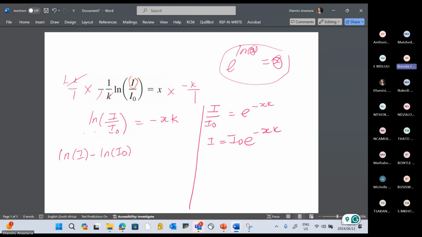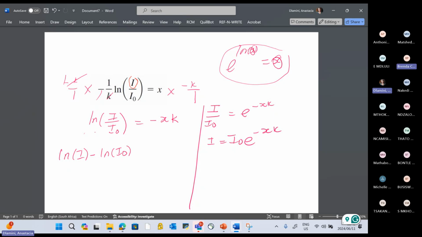Or we ended up saying let's divide with the reciprocal of ln. So ln is the same as e. If you divide with 1 over e, then it becomes the reciprocal. On the other side, you still have 1 over e to the power kx, and then you are left with I over I0. Then you multiply both sides by I0. It still comes back to the same answer you got there.